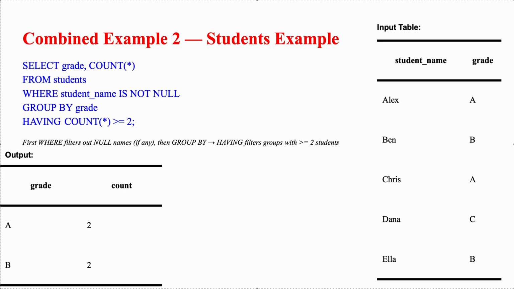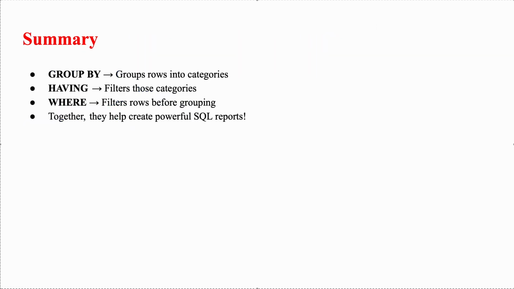Another example of the student table. First, WHERE removes rows with null names. Then we GROUP BY grade. Finally, HAVING filters grades with less than 2 students. Again, we use WHERE, GROUP BY and HAVING together.